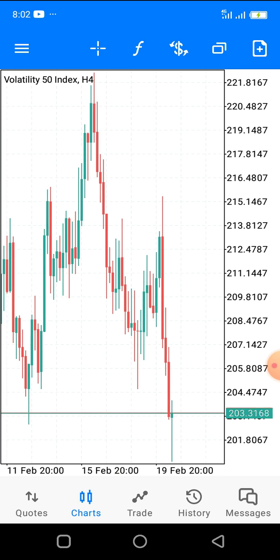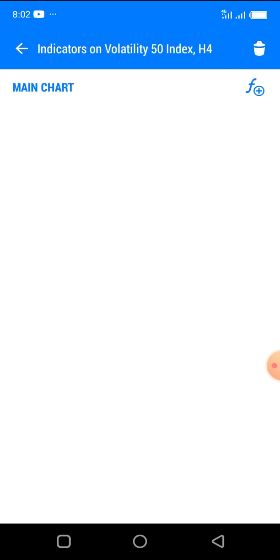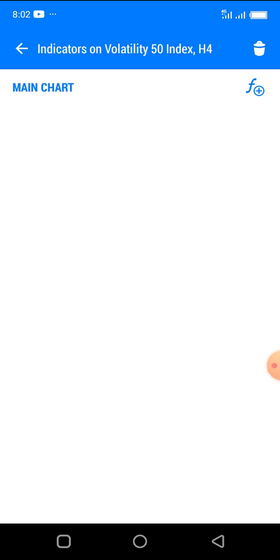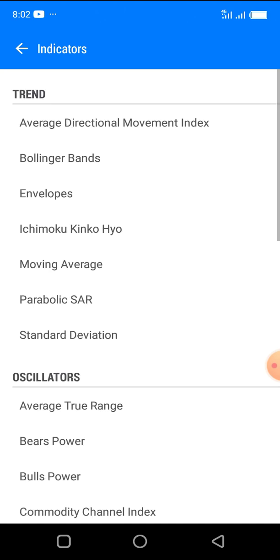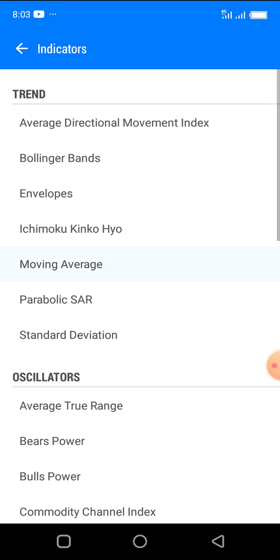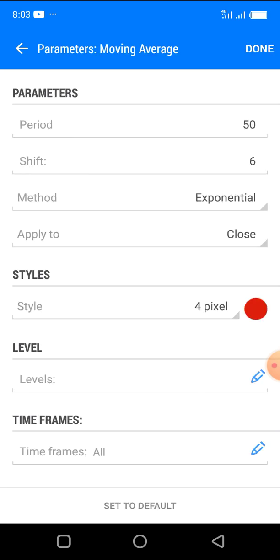Now to set up your RSI and your exponential moving average, click on the F symbol right here on the main chart. Click on F plus symbol. You look for your moving average. It is right here. Now you set it up.